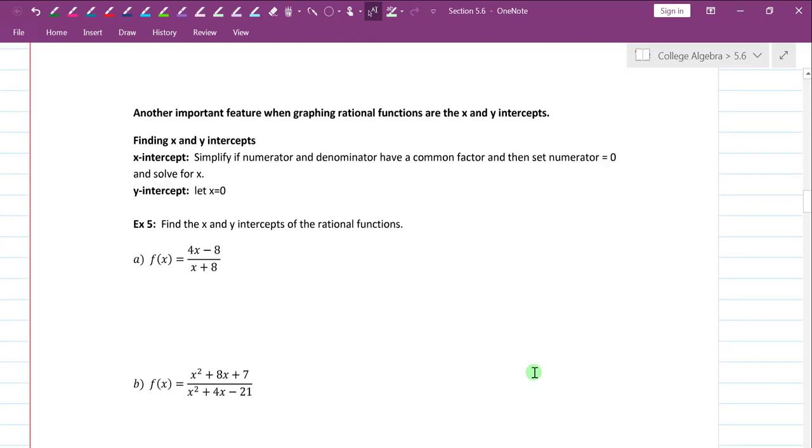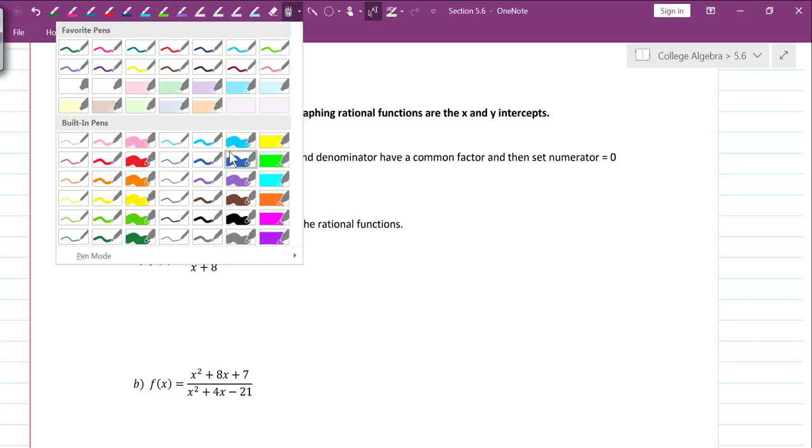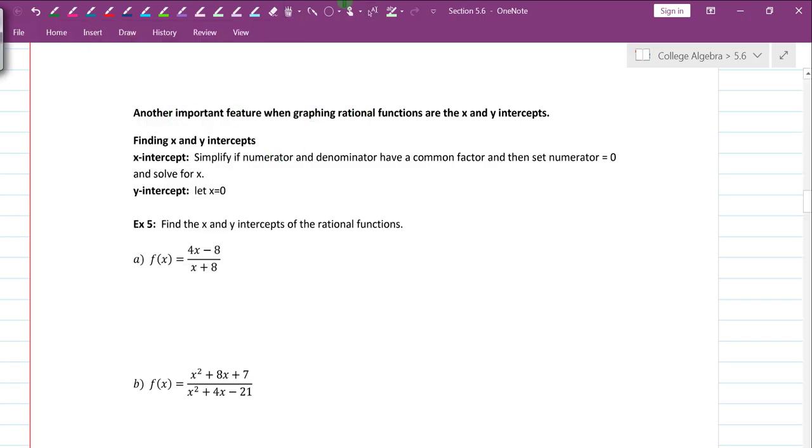All right. So one of the other things that we need to do is find the x-intercepts, y-intercepts, and we need to be able to graph our function. So here we go. We need to find the x and y intercepts. This is counterintuitive, okay?